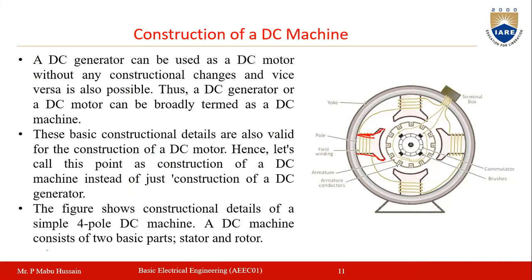This entire thing is one pole, and like this you have 4 poles in total. The horizontal part up to here you can call the pole core. After this you have a curvature like this on each pole. This is called the pole shoe.